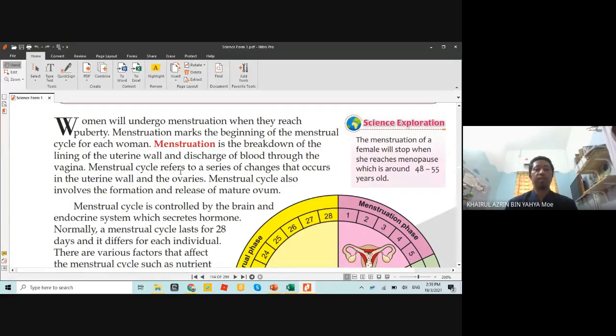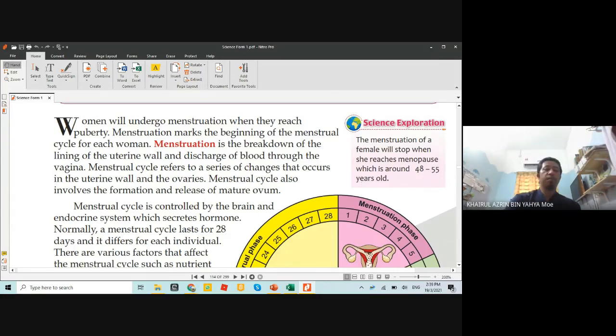Menstrual cycle refers to a series of changes that occurs in the uterine wall and the ovaries. Menstrual cycle also involves the formation and release of mature ovum. Maybe you can see here, the menstruation of a female will stop when she reaches menopause, which is around 48 to 55 years old.